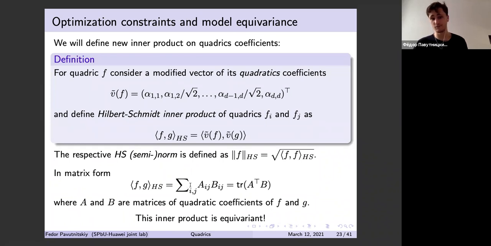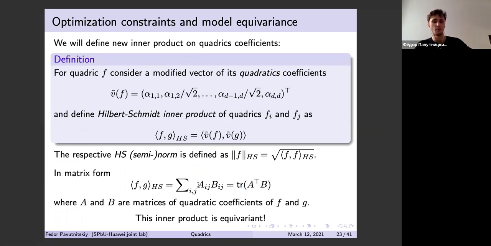It's just a dot product of the quadratic parts considered as vectors, so it can be represented as a trace. If you look closer at this formula, you can see why this inner product is invariant under the action of rotations, the orthogonal group, and translations.